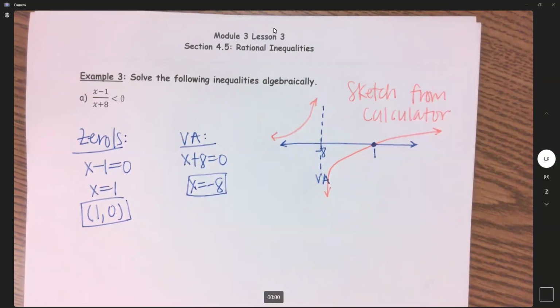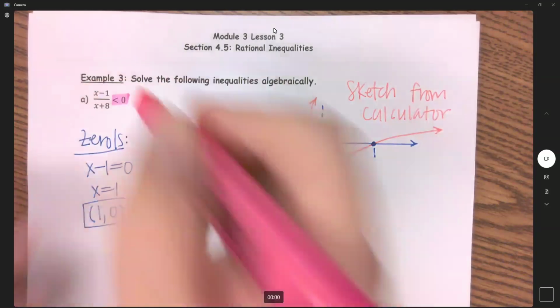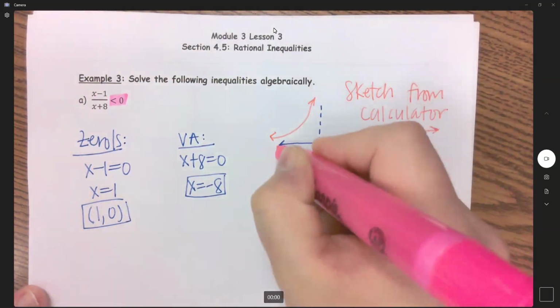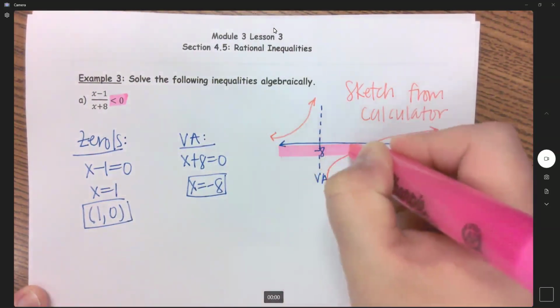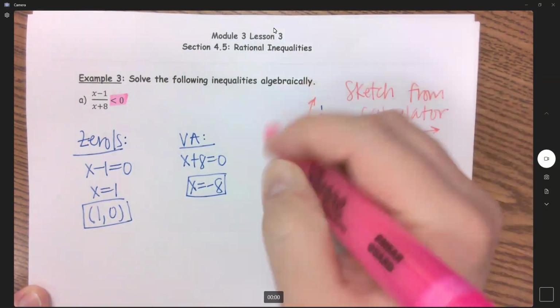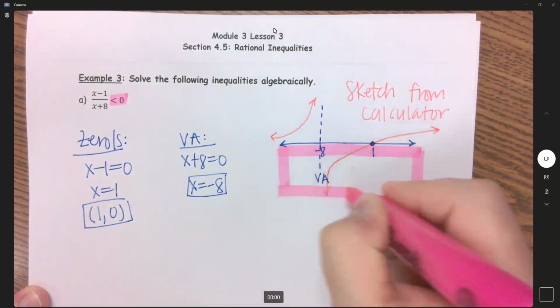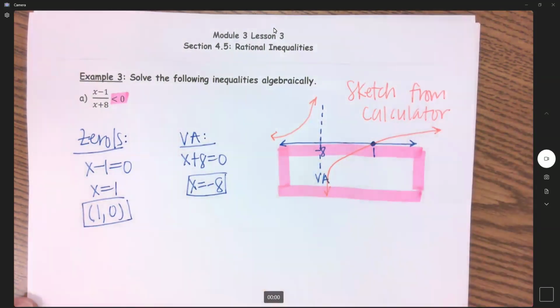And so now we can answer the question. We want to know when this function is less than 0. So not including 0, less than 0. So we are talking about everything here below that x-axis. So I did my best to highlight, not including that x-axis right there.